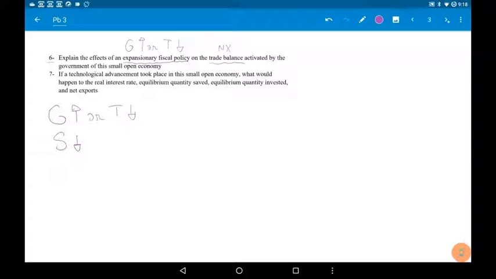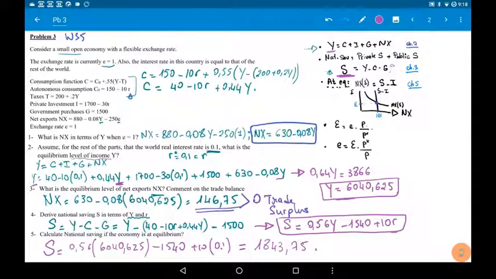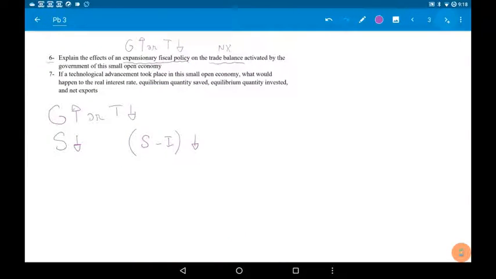When savings decrease, the S minus I function will also decrease. As you see, this is the equilibrium, this is S minus I, this is the original level.